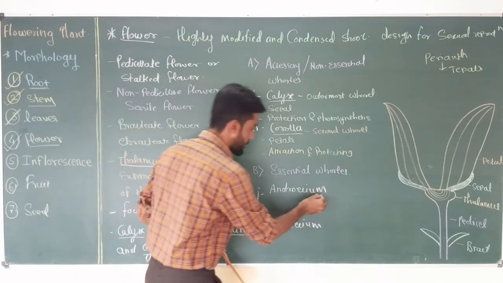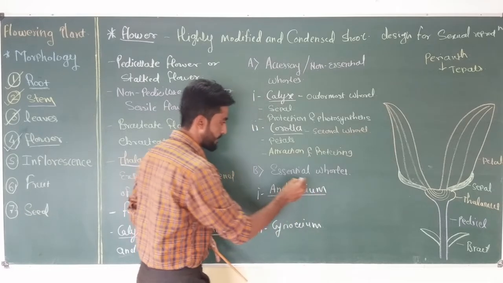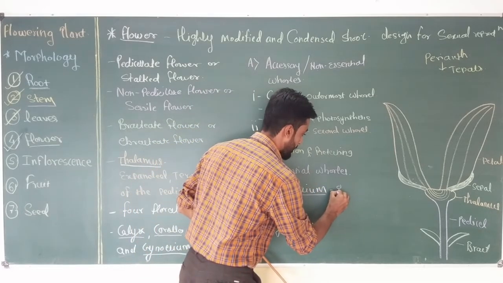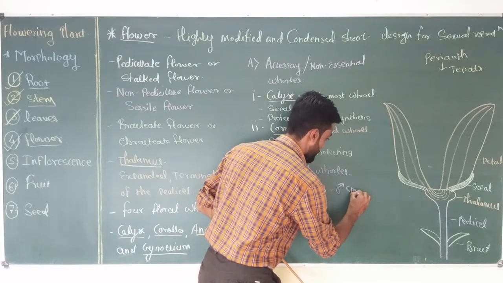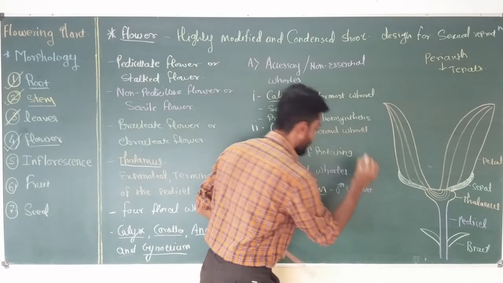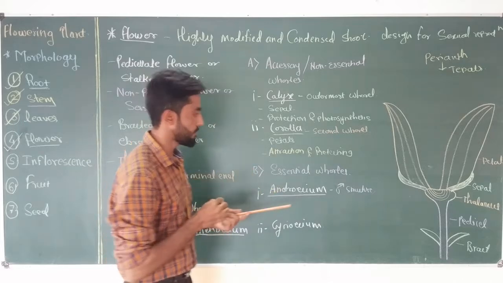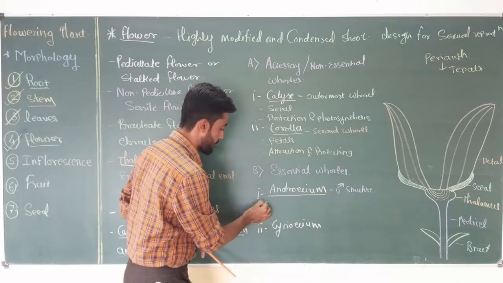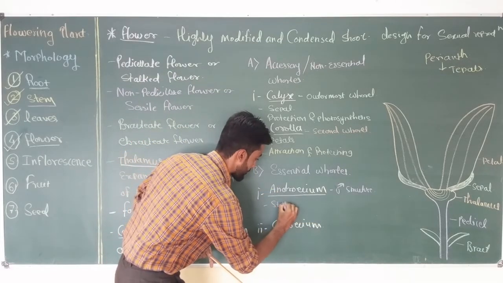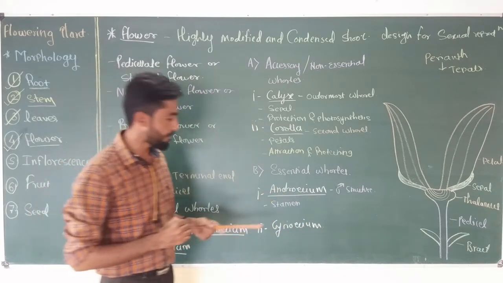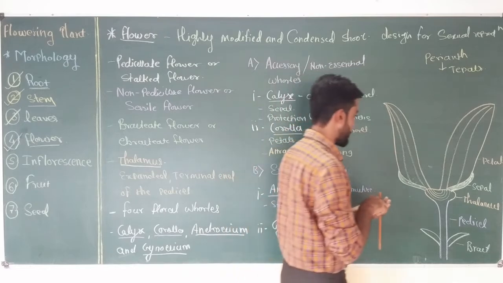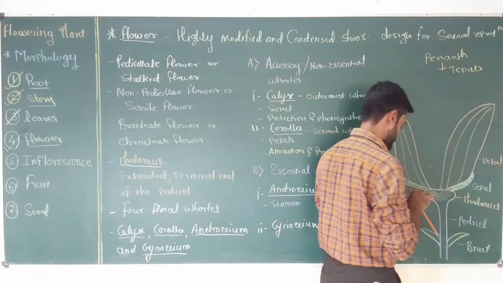Number one is androecium. It is the male reproductive structure of the flower, and androecium is generally made up of stamens. That means the individual member of the androecium is the stamen, and the stamen consists of two parts.